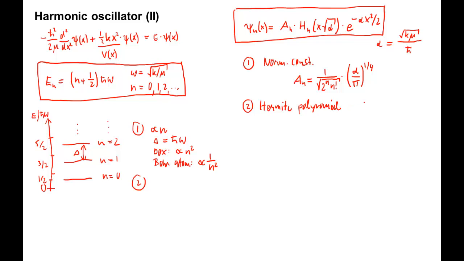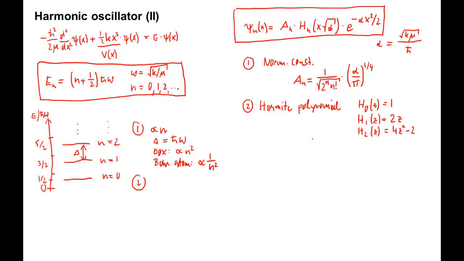For the first few values of n, the polynomials are H_0(z) equals 1, H_1(z) equals 2z, H_2(z) equals 4z² minus 2. You can see that n determines the degree of the polynomial. The higher n, the higher the degree.